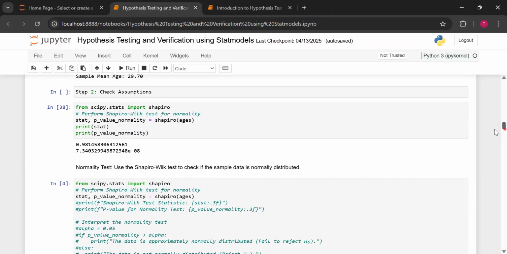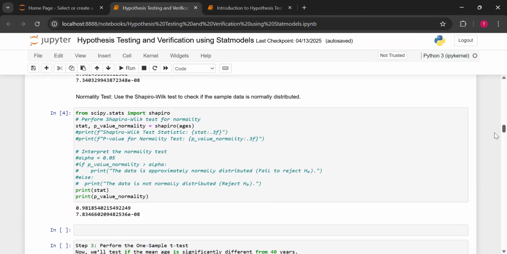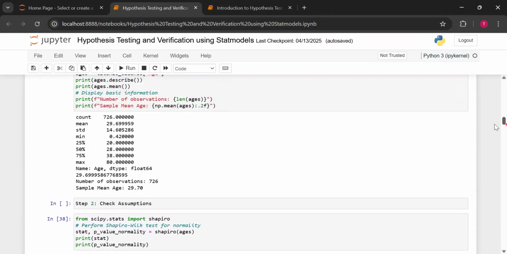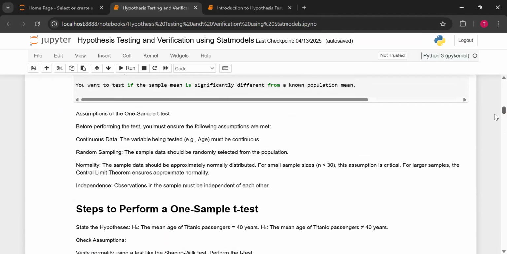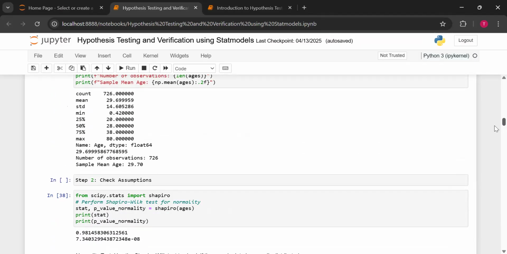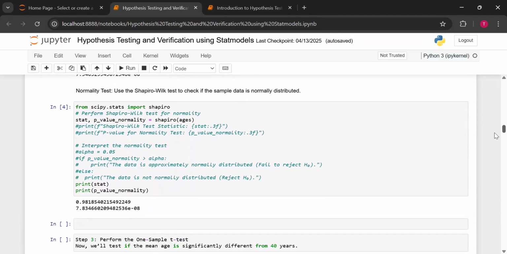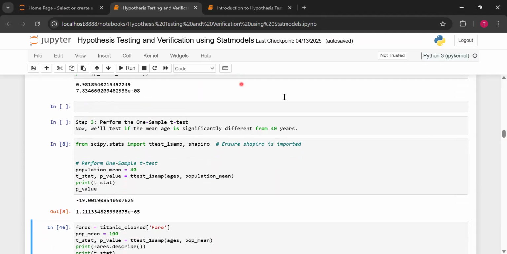So let's change the value here. Our population mean, not to be 40, but to be, where was the population? Where did we assume the population to be 40 again? We did define the population equals to 40 somewhere. Okay, here. So we put our population mean to be 30.